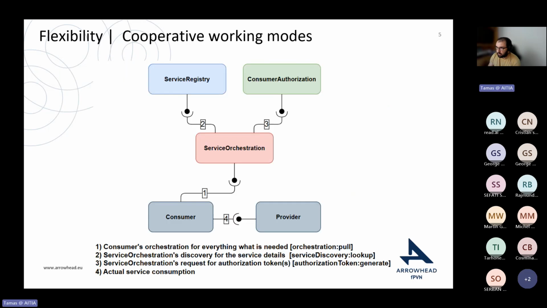And the other working mode is the cooperative working mode. It has the purpose that your provider and consumer should focus only on consuming and providing the microservice, and every other detail should be managed by the Arrowhead framework.